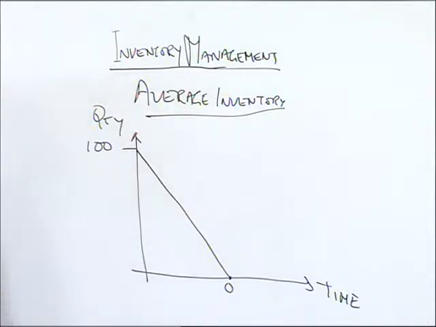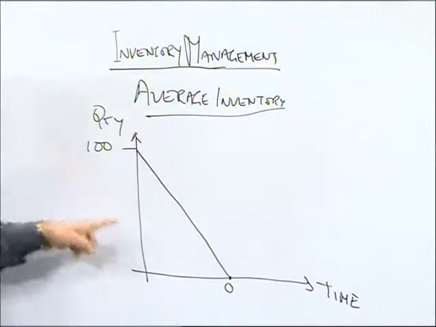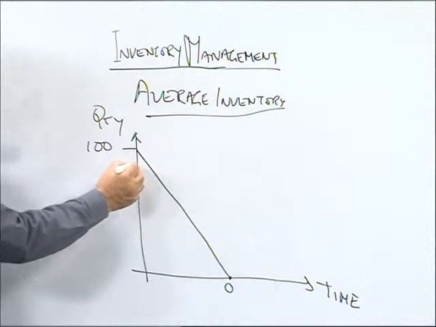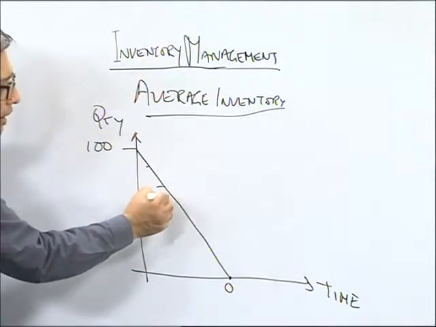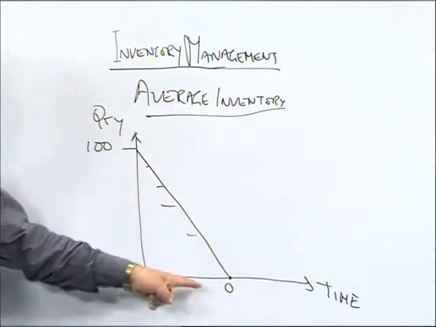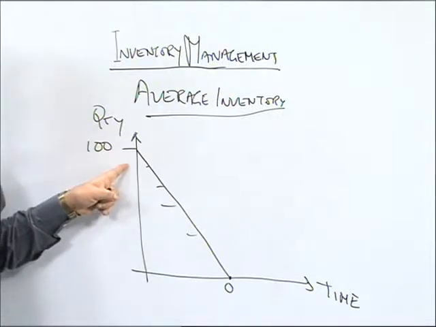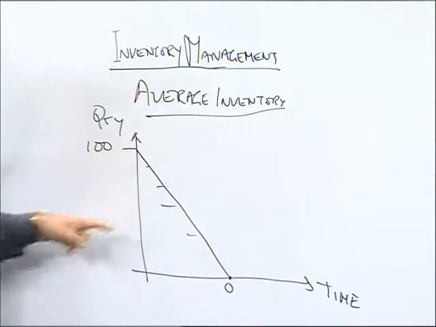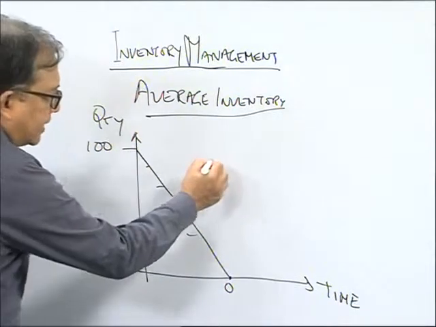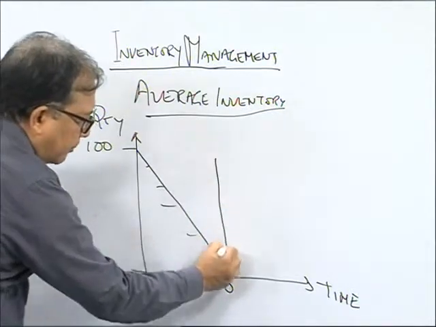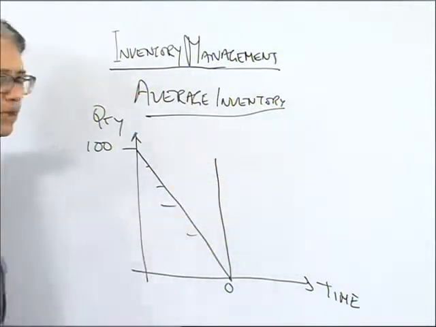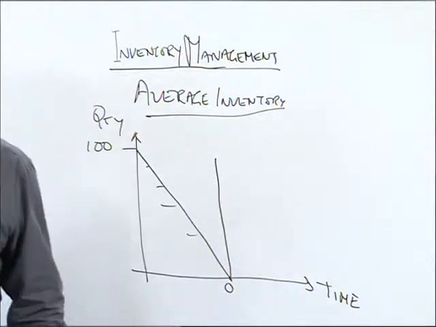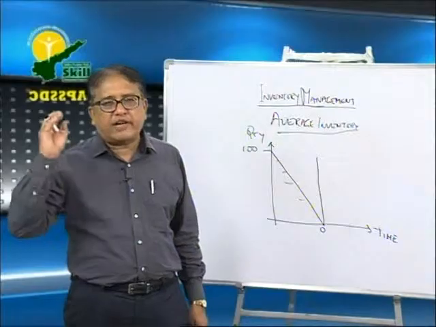So 100 is his quantity, and every day there is consumption, and ultimately his inventory level reaches 0. He starts with an inventory of 100. At this point there is an order which again brings his inventory to 100, because he orders 100 pairs of jeans every time.